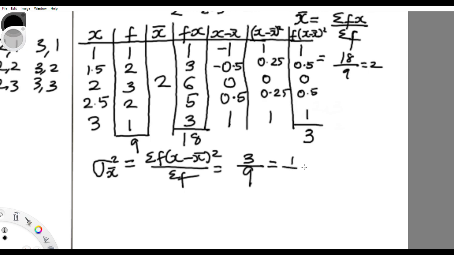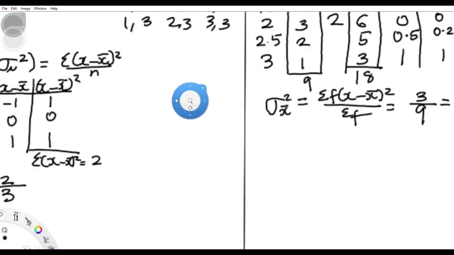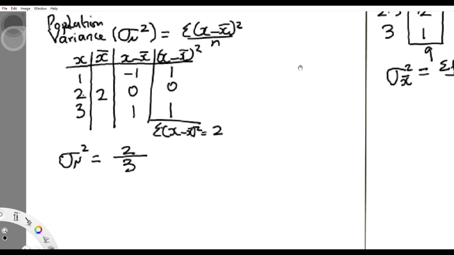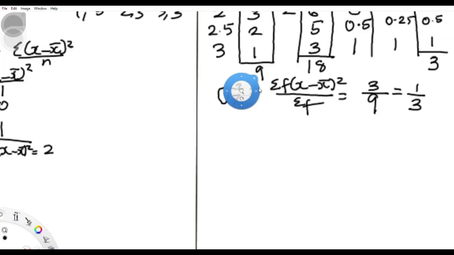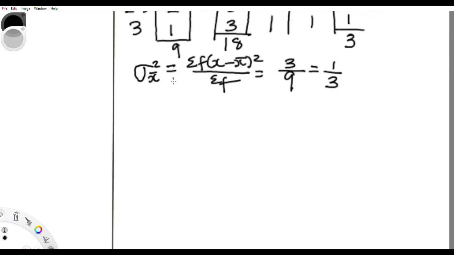So in the end we have 1 over 3. From the previous one, the population variance, we have 2 over 3, and so the sample variance is 1 over 3. The difference is just this value on top here.